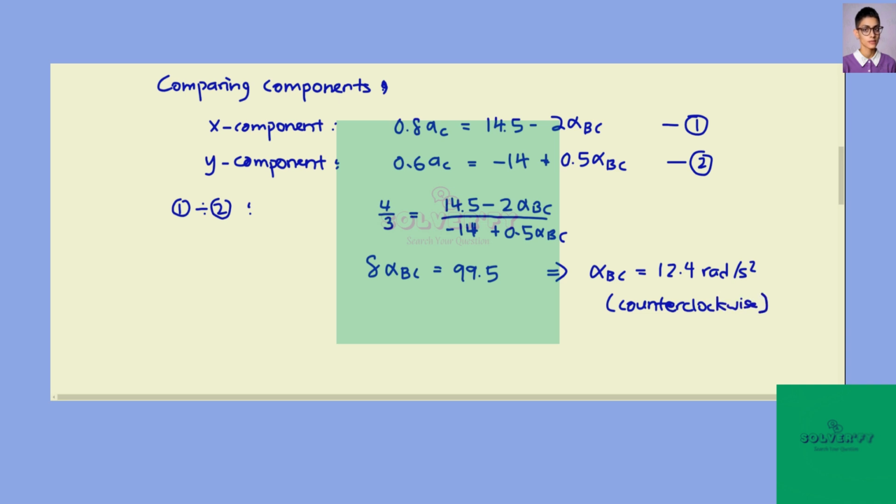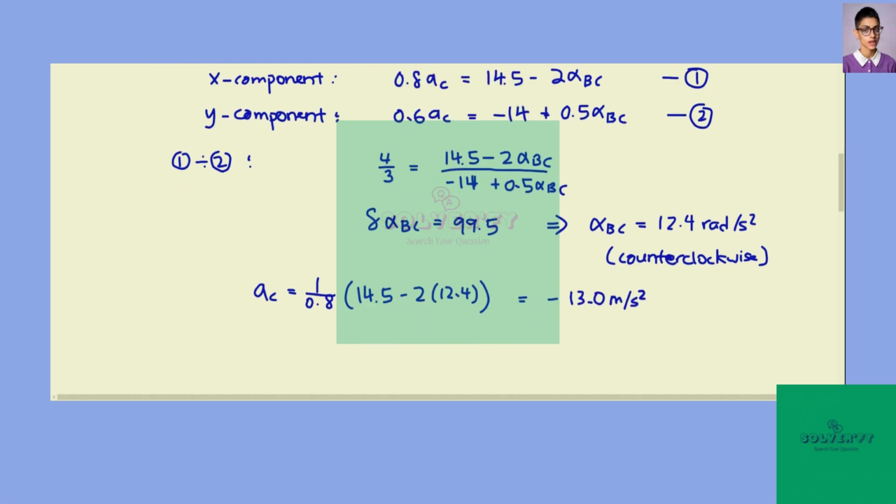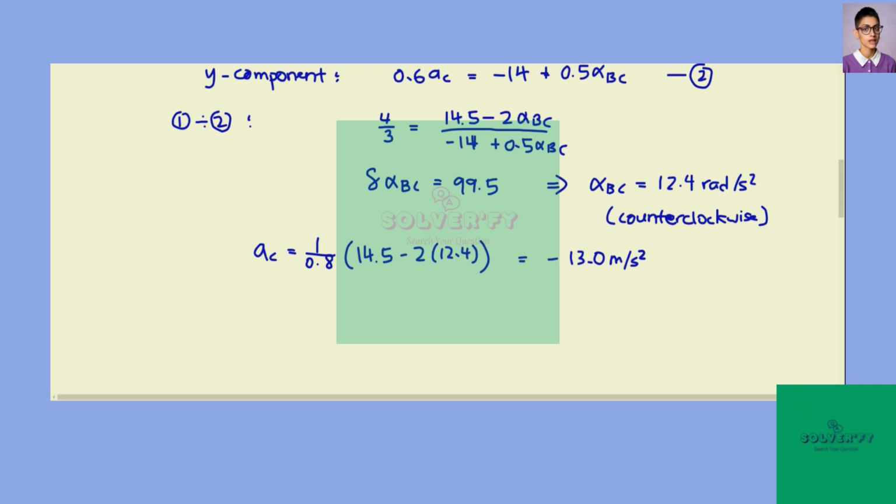Now we have alpha BC. We can calculate aC to be 1 over 0.8 times 14.5 minus 2 alpha BC, which is 12.4, and we get minus 13.0 meters per second squared.